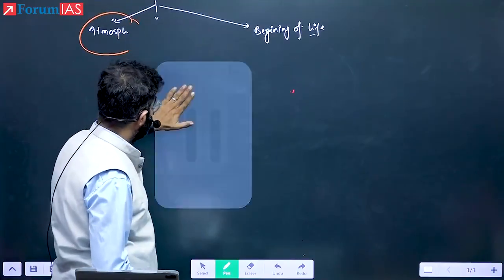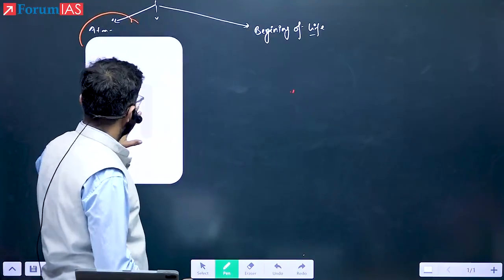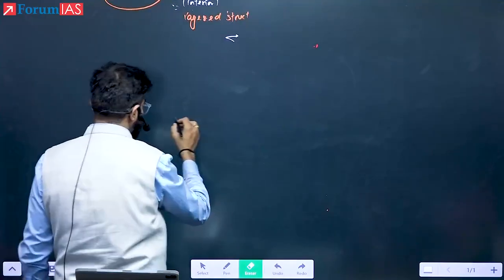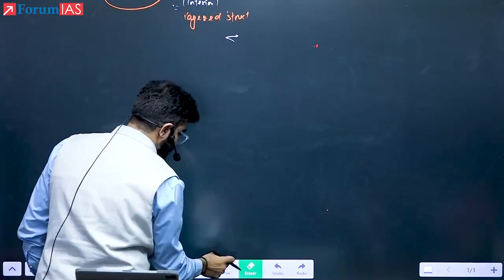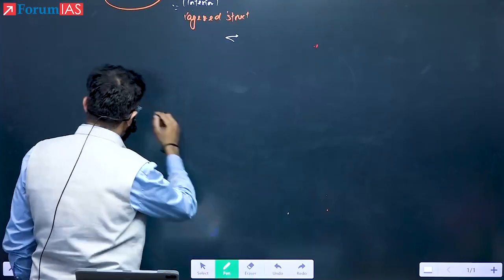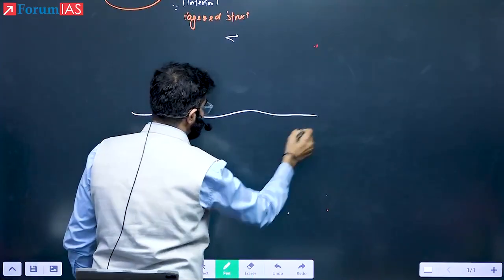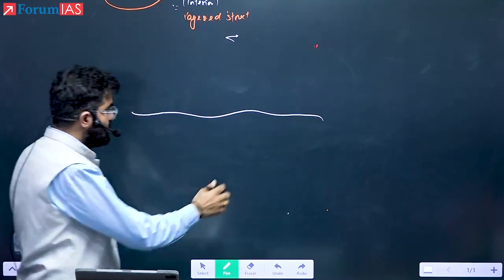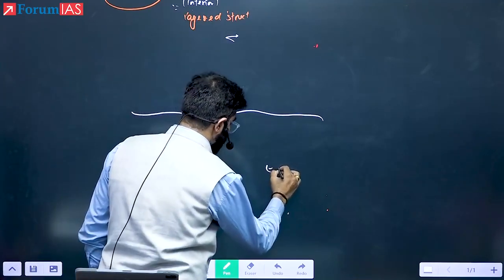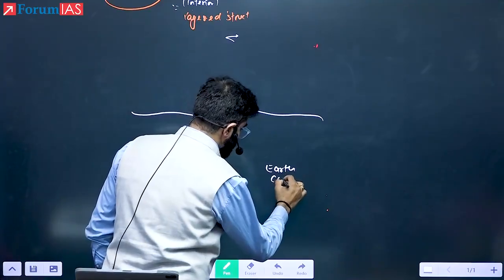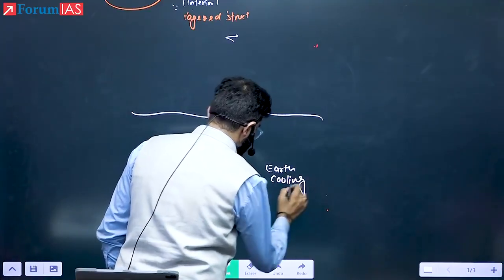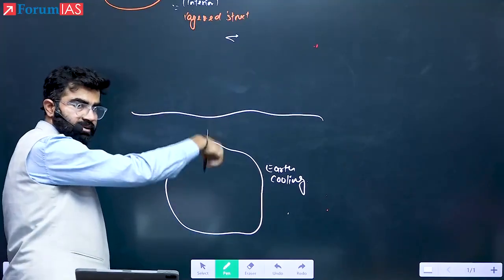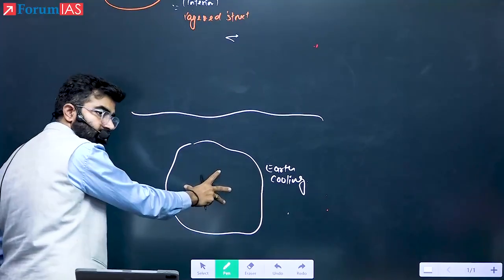Now come back. The second one, the atmosphere. See here, how the atmosphere got evolved. I am considering now that this was the structure of the earth. At that time, it was very rough here and there, right? In that time, the earth was cooling. Now tell me, when the earth was cooling, what will happen? Inside the earth, we still have very high temperature. Just now we learned about the gravitational collapse and the very hot temperatures inside.